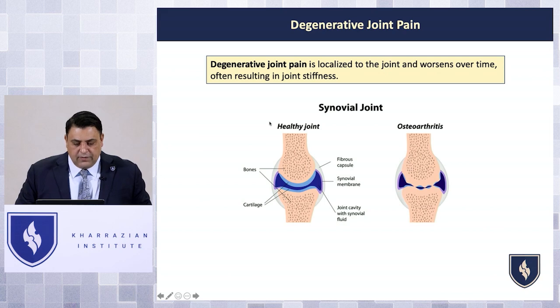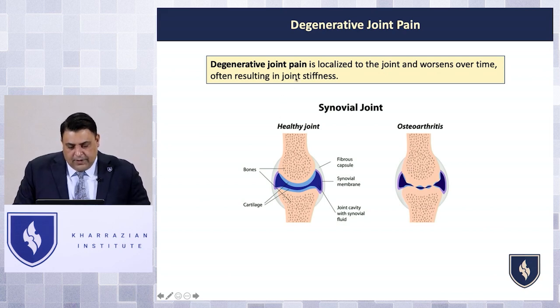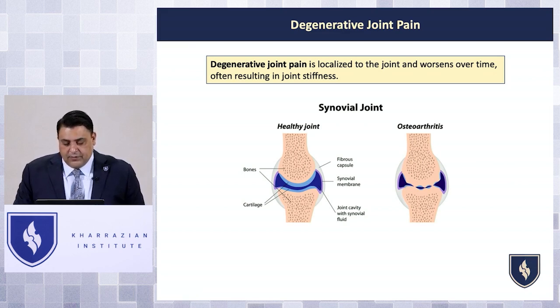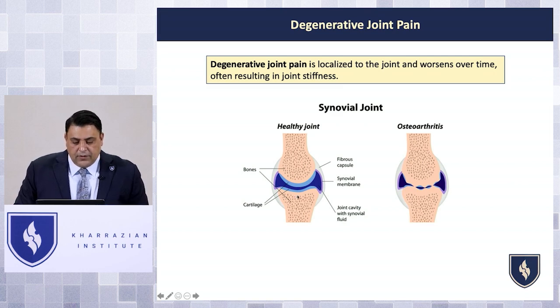So degenerative joint pain. Degenerative joint pain is localized to the joint and worsens over time, often resulting in joint stiffness, right? Whether it causes pain sensitization down the road or not is based on multiple variables like we talked about, but this is ongoing active pain, where the chondrocytes around the joint start to deteriorate over time, and as these tissues wear off, they end up activating nociceptors and causing pain.